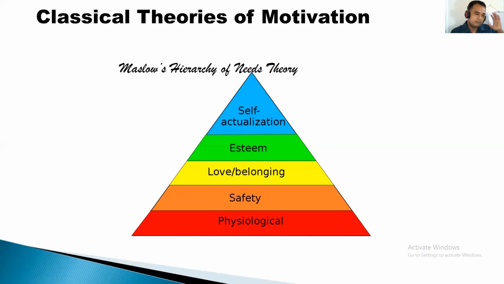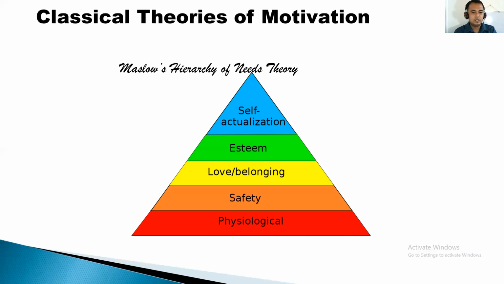If you dream to be the president of the country and you achieve that, you are already having your self-actualization. But of course, it depends upon each individual. For some, reaching the level of manager can already be identified as self-actualization. So it depends upon the individual.